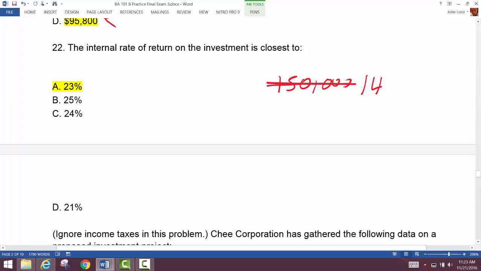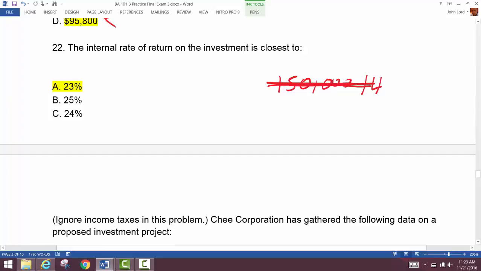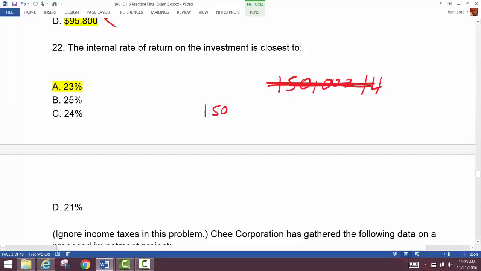Let me set this up a little bit better. 150,000 is going to have to be equal to a present value factor times this 40,000 a year, isn't it?